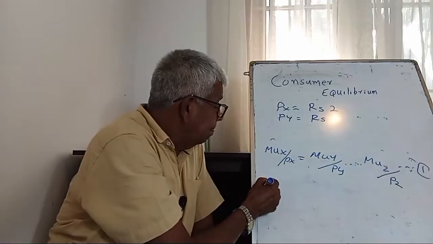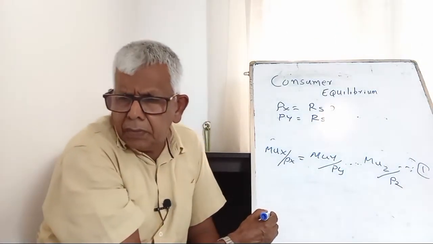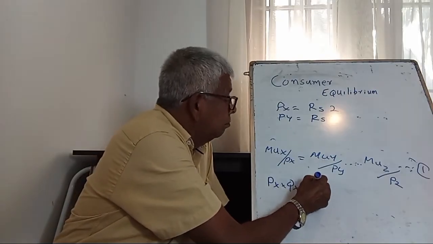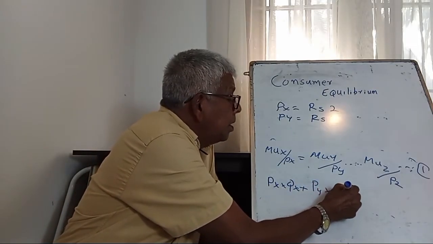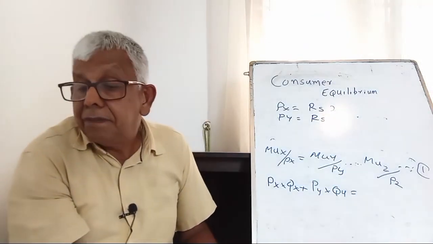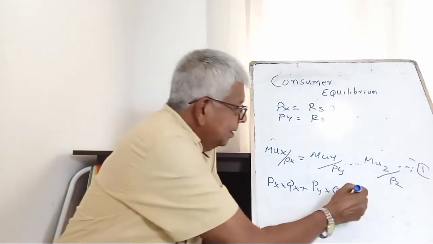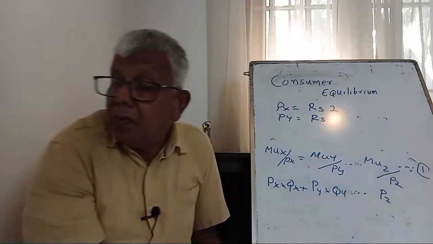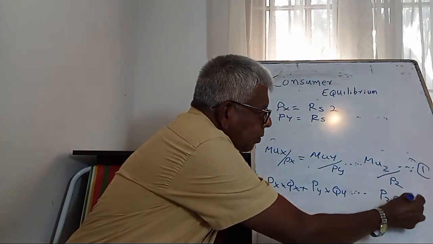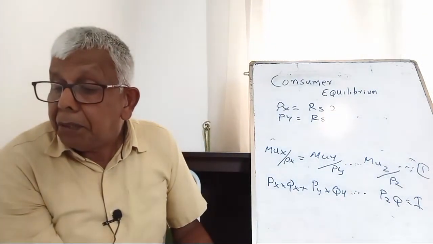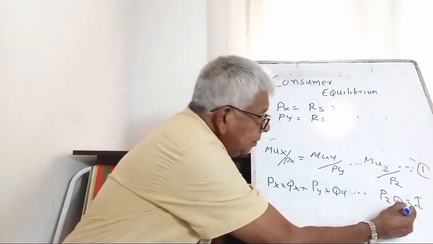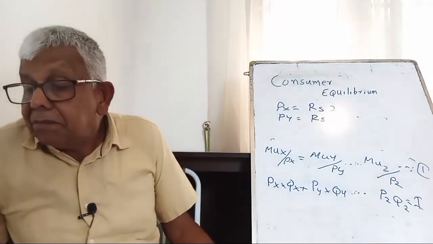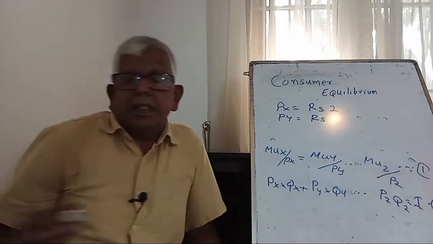The second one: Px multiplied by Qx plus Py multiplied by Qy, up to Pn Qn, equals I. That is the second condition.